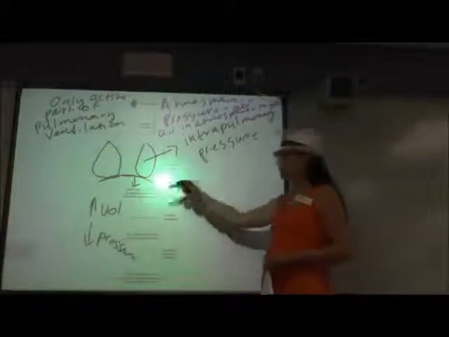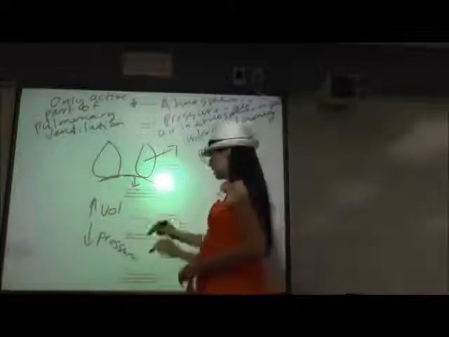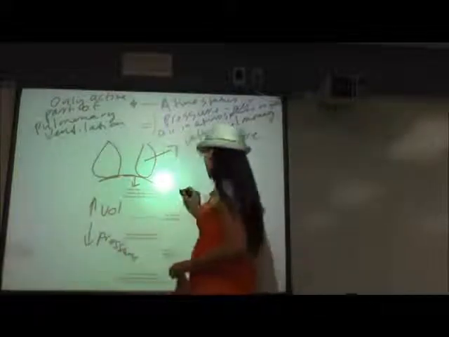So as we increase the volume in our lungs, we decrease our intrapulmonary pressure. Atmospheric pressure will be greater than intrapulmonary pressure, and air will flow in. So when we decrease this pressure, atmospheric pressure will exceed intrapulmonary pressure, and air will move in.